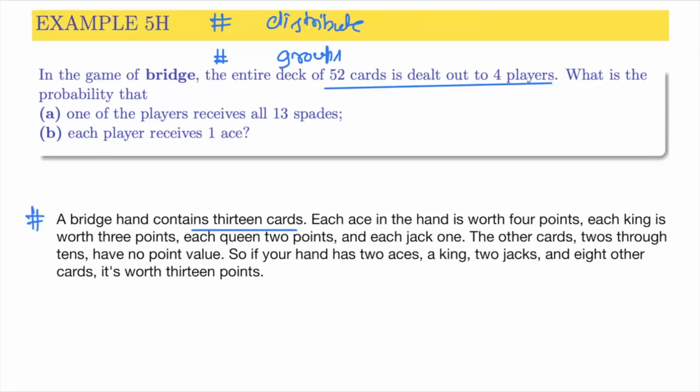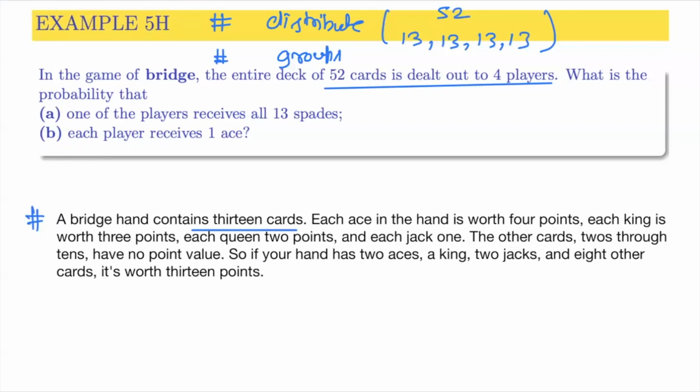In distribution, the total ways are going to be multinomial 52, then first 13, second 13, third 13, fourth 13. This is how you have distributed 52 cards into 4. Because you are going to distribute them, the order is important.